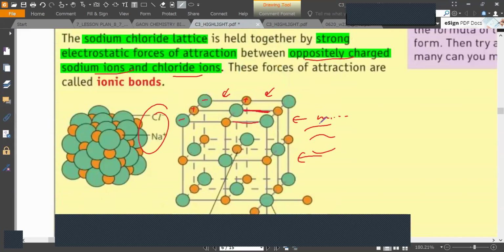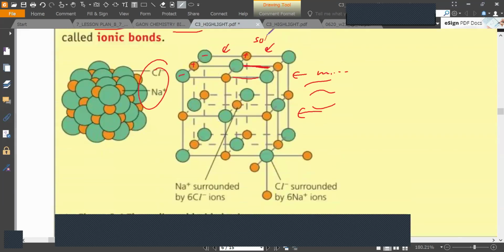When they are solid, the charges cannot move, so they cannot conduct electricity. But if we dissolve them in water, they are free to move, so they can conduct electricity.